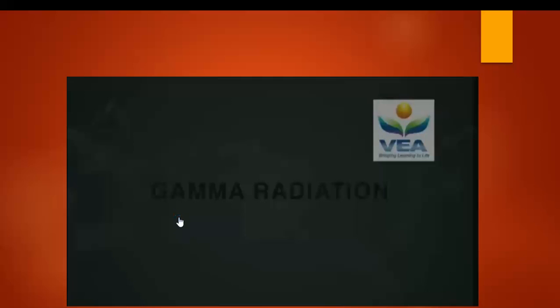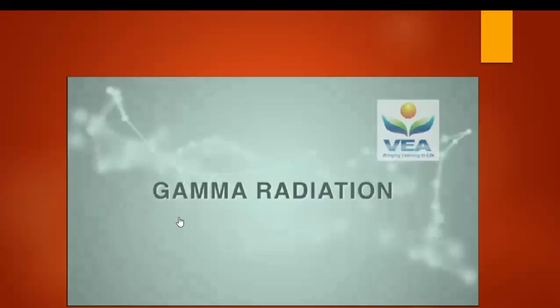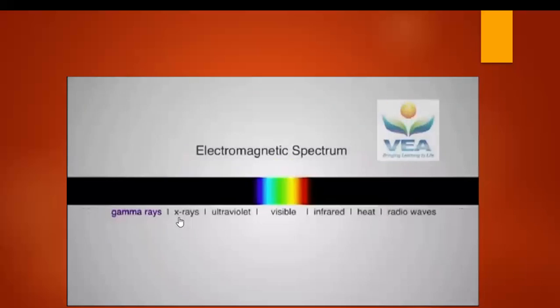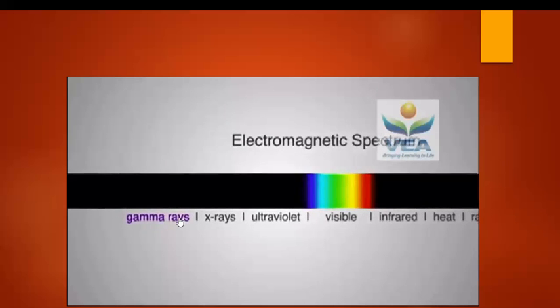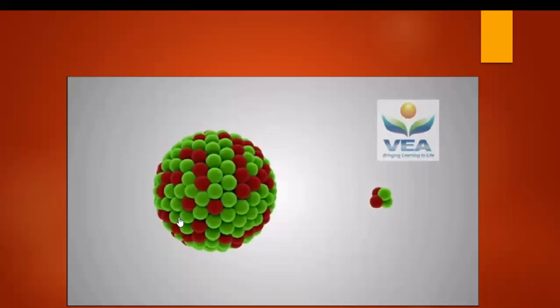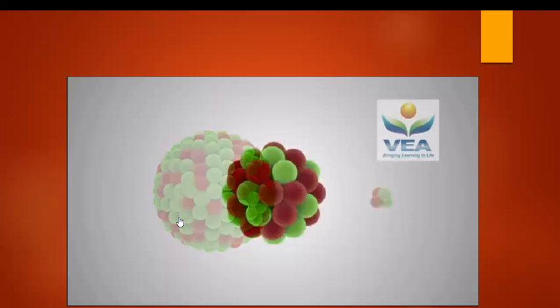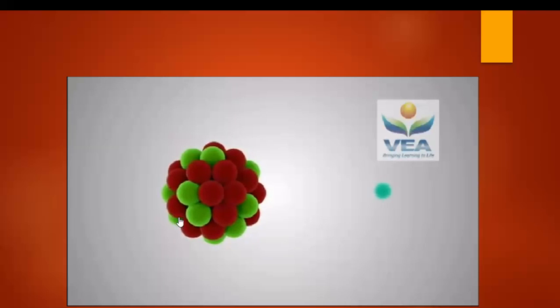Here's gamma radiation. Gamma radiation is a form of electromagnetic radiation, like radio waves, heat, and visible light. It is found at the highest frequency end of the electromagnetic spectrum, after X-rays. Gamma rays are produced in the nucleus as part of a rearrangement of energy levels after the emission of an alpha or beta particle.